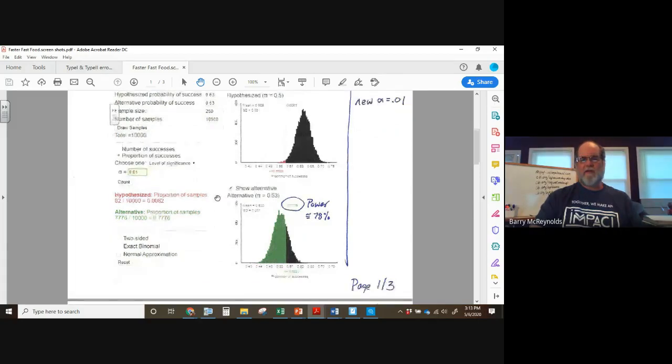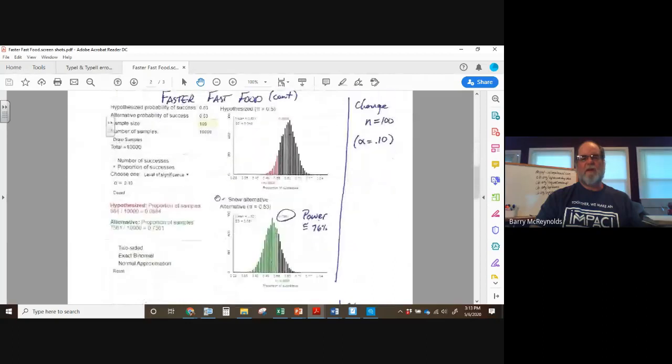The next question was, okay, what happens if you take fewer samples? If you're in a hurry and you go back to the 10% significance level, and everything else is the same, but you take a smaller sample size, well, power goes down again. I'm not so worried about the value here.